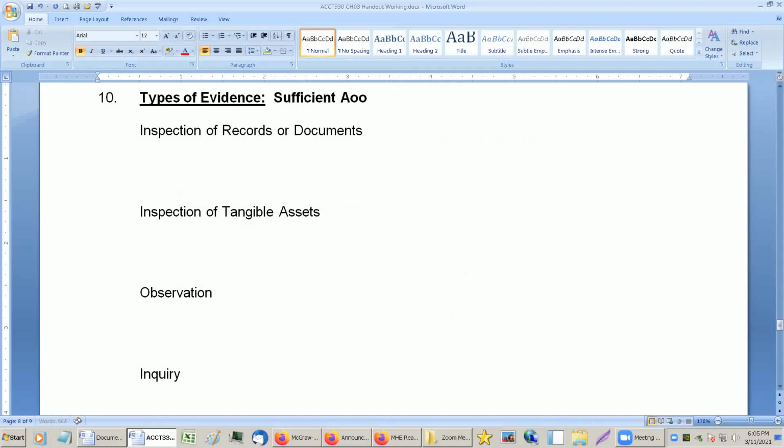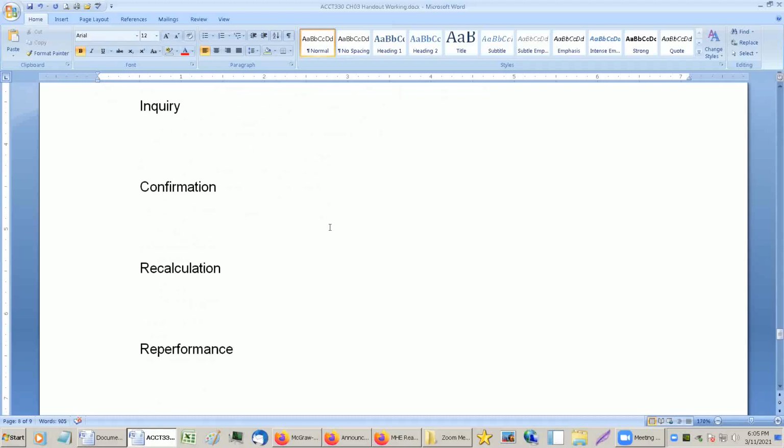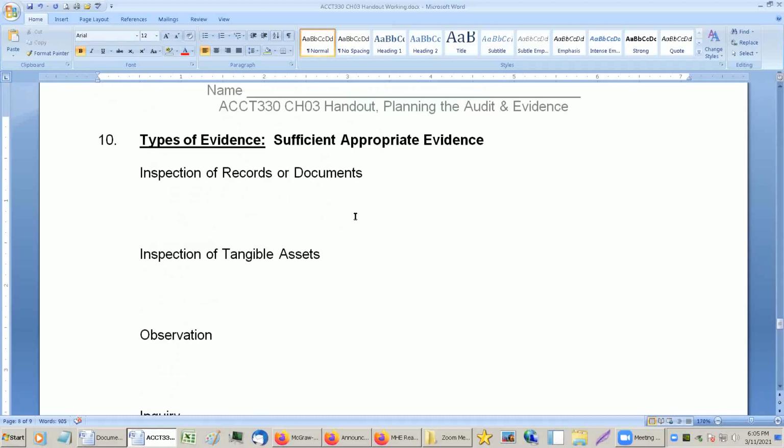That is not how you spell appropriate. And you can do it any number of ways to get enough evidence to make your opinion.